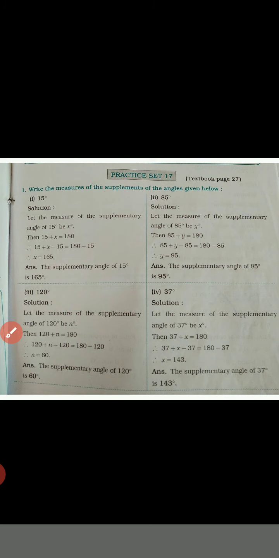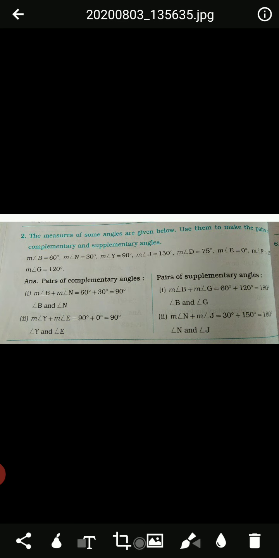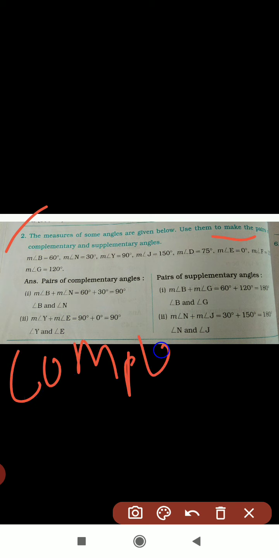Next we will see question number 2. The measures of some angles are given below, and use them to make pairs of complementary and supplementary angles. If you take complementary angles, their sum is 90 degrees, and if you take supplementary angles, the sum of both angle measures is 180 degrees.